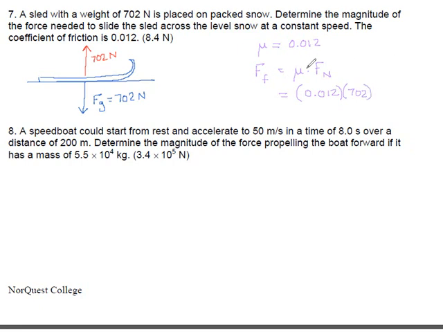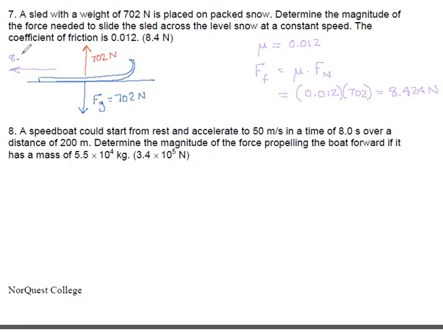And out comes the calculator. 0.012 times 702 gives 8.424. 8.424 newtons for the friction force, and assuming we're pulling the sled forwards, the friction force will drag back.